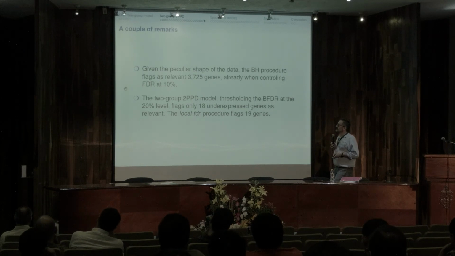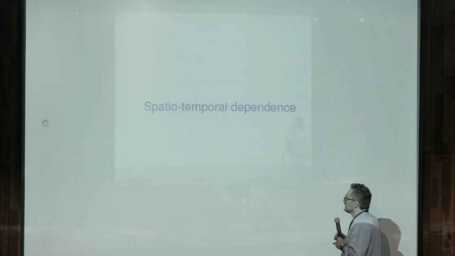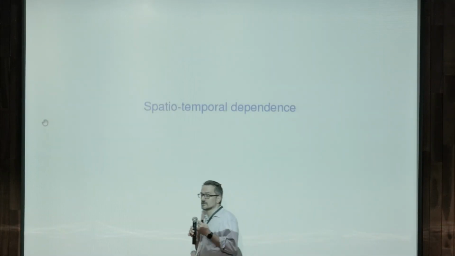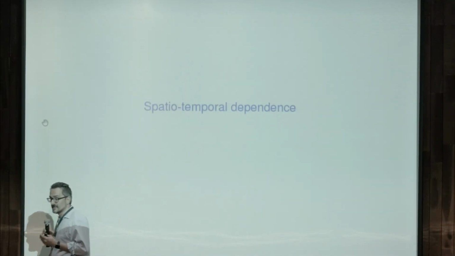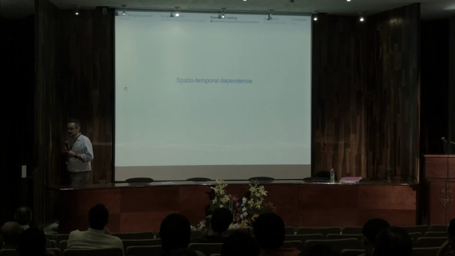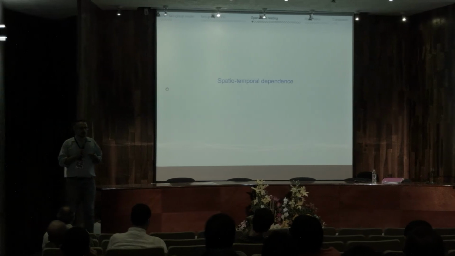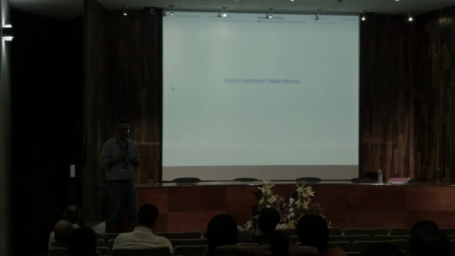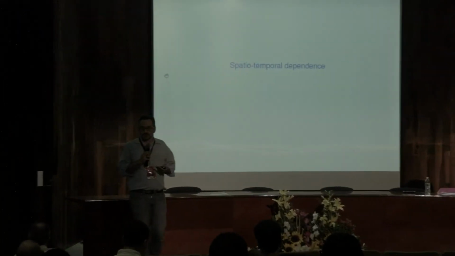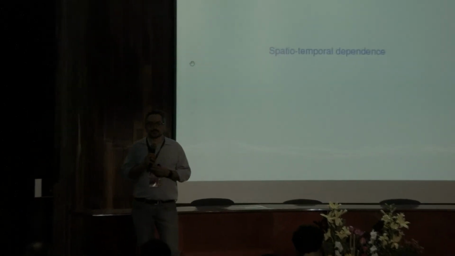The second point that I would like to make today is what to do when we go from a setting of independence to a setting of dependent hypotheses, which is actually quite common. In particular, one can think of dependent hypotheses in settings like neuroimaging, which is one of the application areas that I work with.